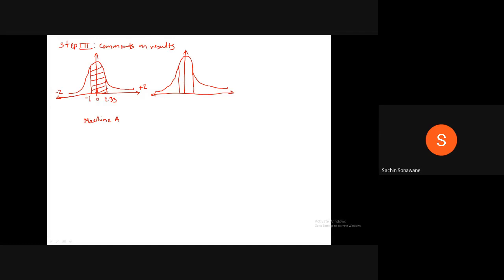Try to understand the diagram. Therefore, here 0, here -1.67, here plus 1.67, plus Z, minus Z. Now this is known as design tolerance. This is for machine B.